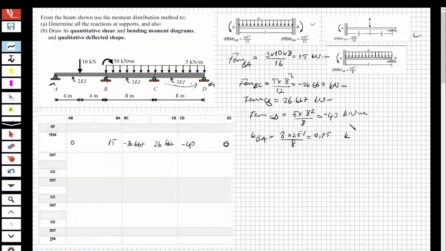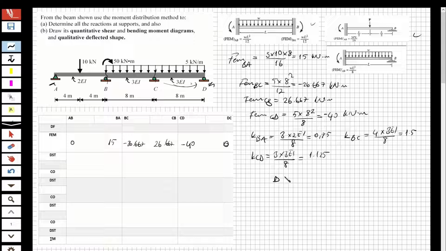The stiffness factor for BC is 4, because the normal formula is used, 3EI over 8, and this is equal to 1.5. And the stiffness factor for CD, for this one, the modified formula is used again. 3EI over 8 is equal to 1.125.